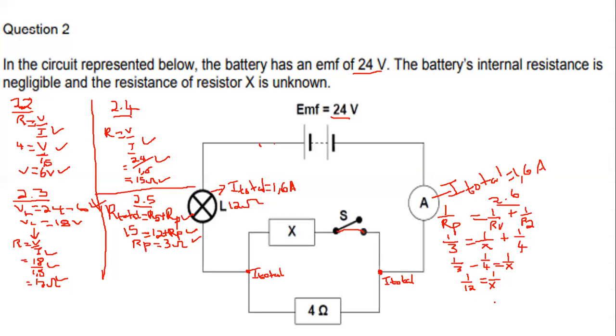And then I don't want 1 over X, I want X. So I will take the reciprocal. So it will be X over 1. And X over 1 will give me 12 divided by 1 altogether. X over 1 gives me X, and 12 over 1 gives me 12.